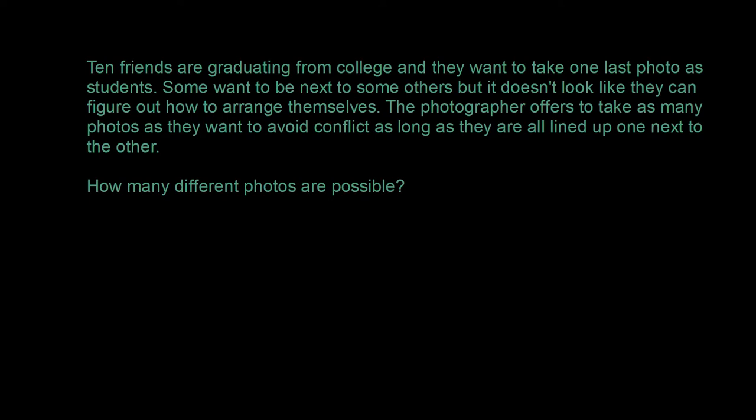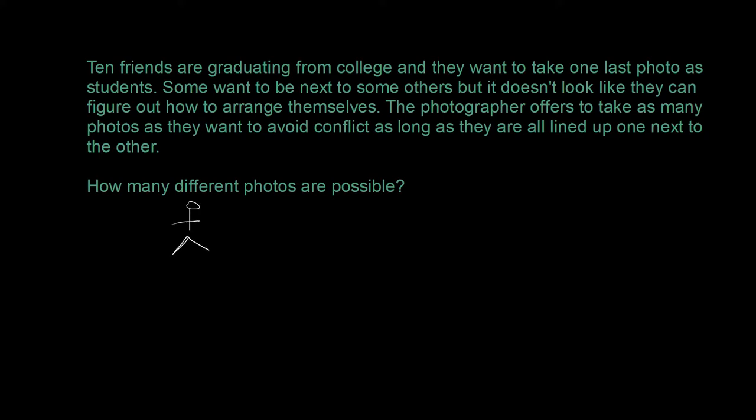suppose that 10 friends are graduating from college and they want to take one last photo as students. Some of them want to be next to others, but they can't organize themselves. So the photographer offers to take as many pictures as they want so they can switch places and there's no conflict. The only condition is that they are aligned next to each other, lined up like this.